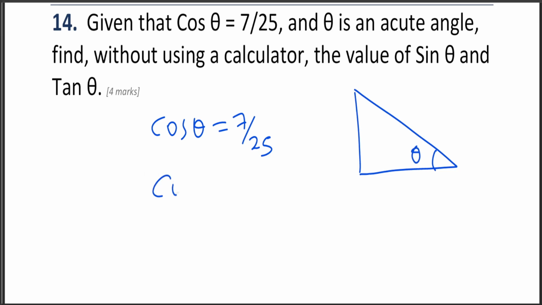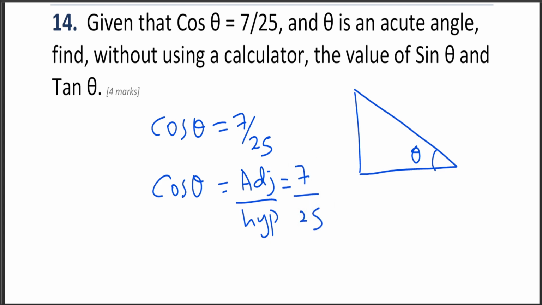We know cos theta is adjacent over hypotenuse. Our adjacent is 7, hypotenuse is 25. Remember this is 90 degrees. We need to find this value. How do you find it?